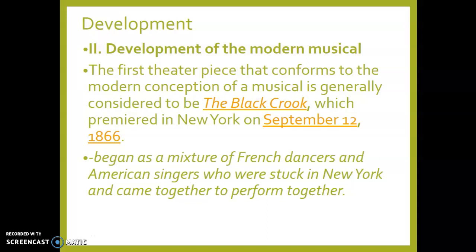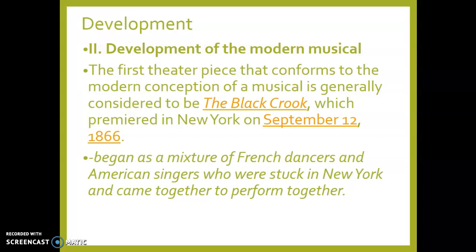But the reason why the musical is important, and one of the main reasons, is because of the fact that it incorporates all of these elements for the theater performance. Now, what you're looking at here is how the first musical came to be. It was a piece that was kind of a mixture of French dancers and American singers who both were stuck in New York.